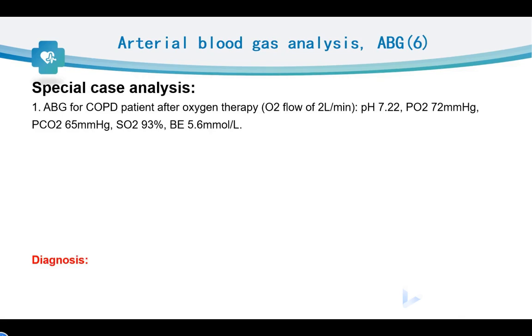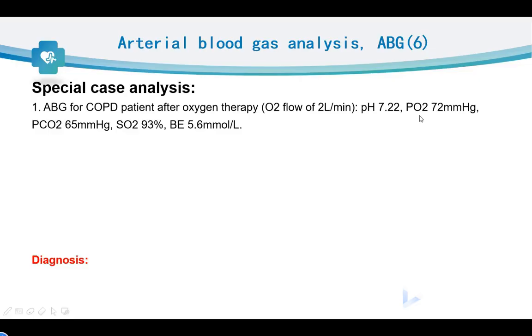And now, let's look back to the first case analysis and try to do an integrated case analysis. This COPD patient received oxygen therapy after admission to the hospital. In this condition, we arranged ABG for this patient, which presents pH 7.22.